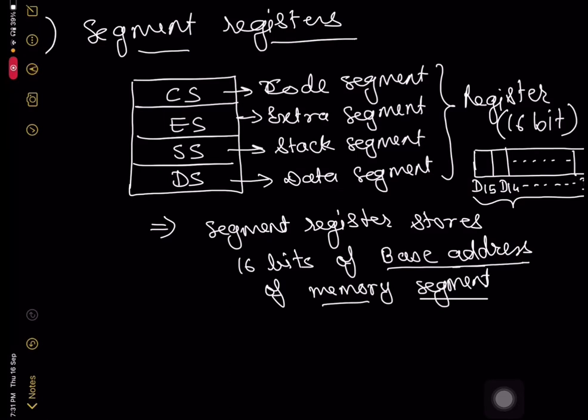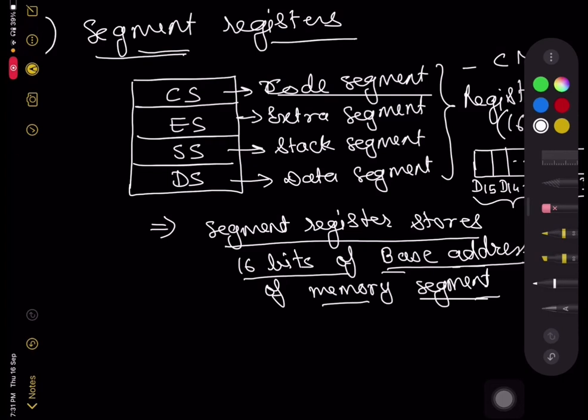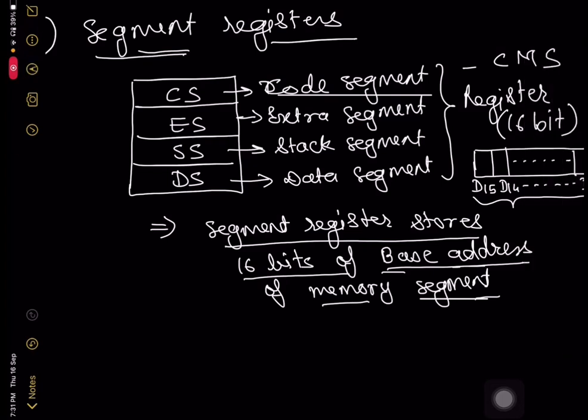So when I talk about segment registers, the function of a segment register is to store the 16-bit base address of these four memory segments. So code segment register saves the base address of code memory segment, which stores the program.